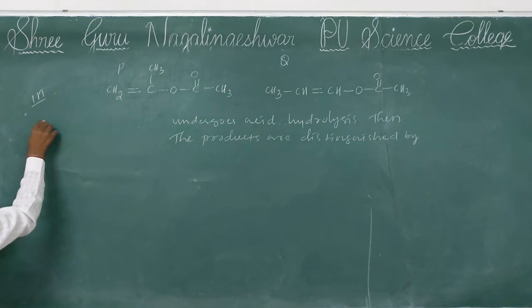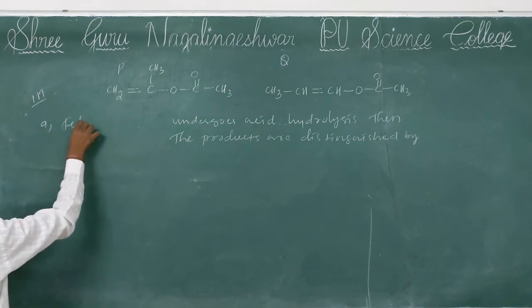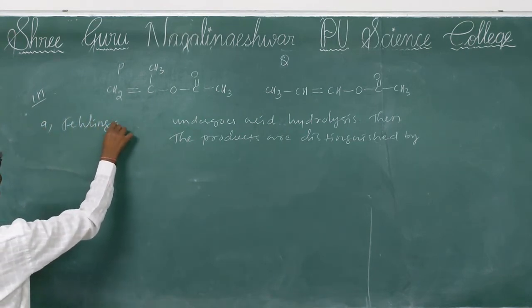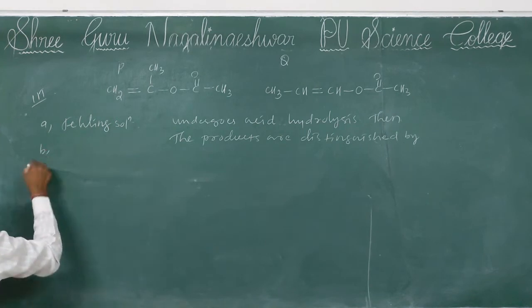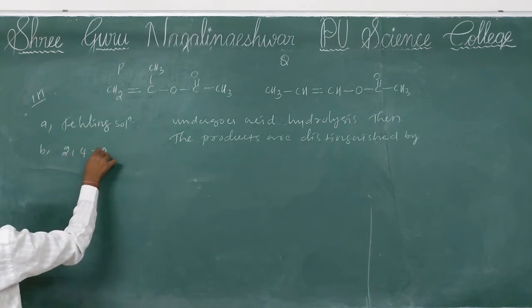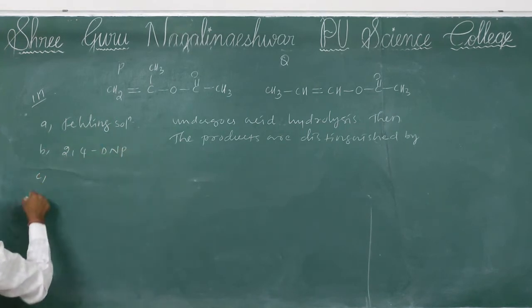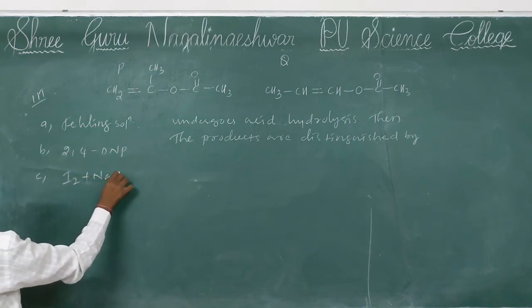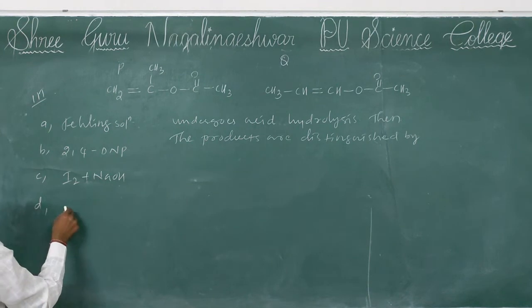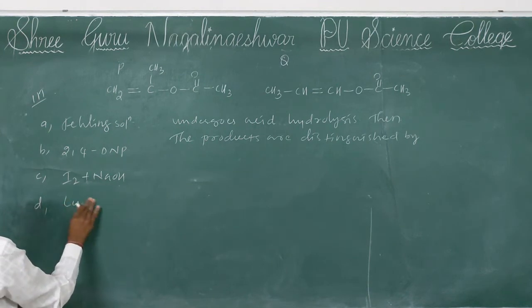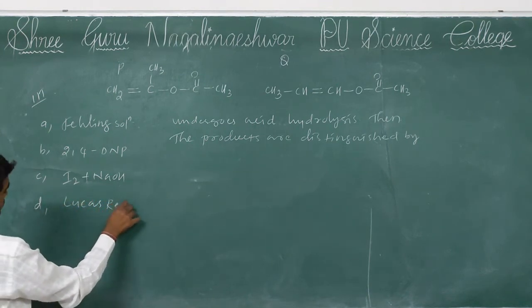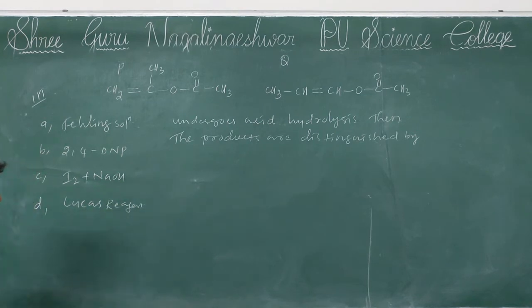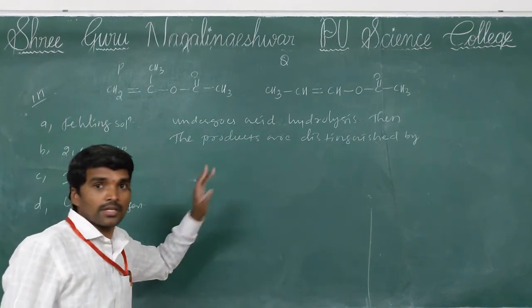In option A, Fehling's solution. Option B, 2,4-DNP. Option C, I2 plus NaOH. Option D, Lucas reagent. So this is a very important question to see.